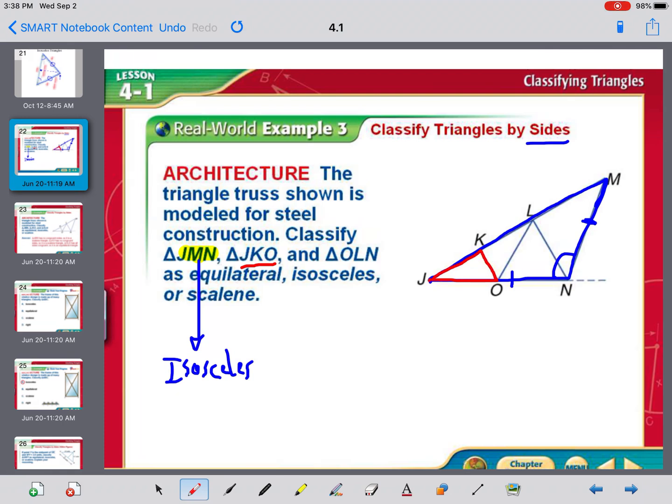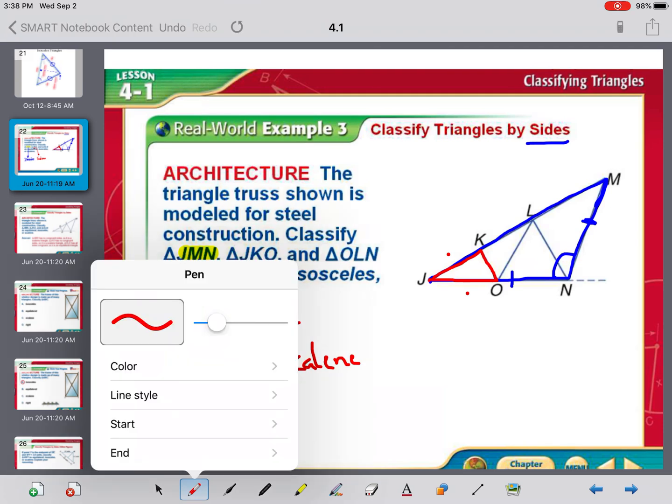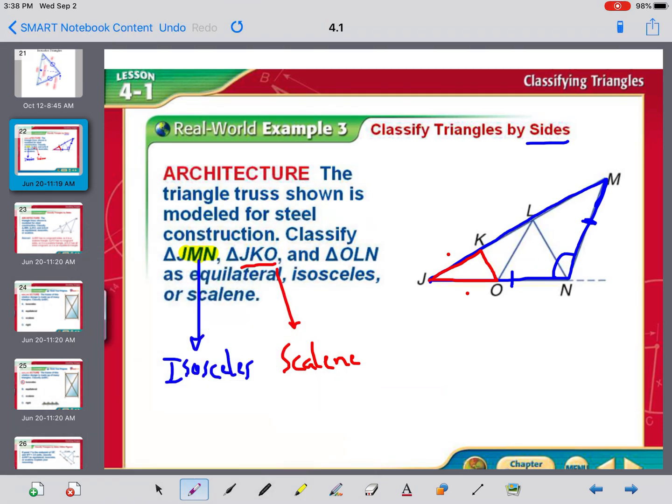Let's move on. Within the same problem, let's look at triangle JKO. I really don't think that JK and JO are congruent by looking at this picture. I really don't. And if they're not, then it's scalene. We can measure it, like get something to measure it with.